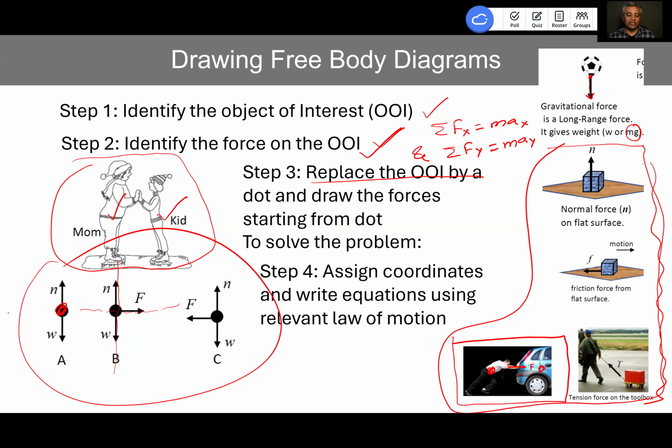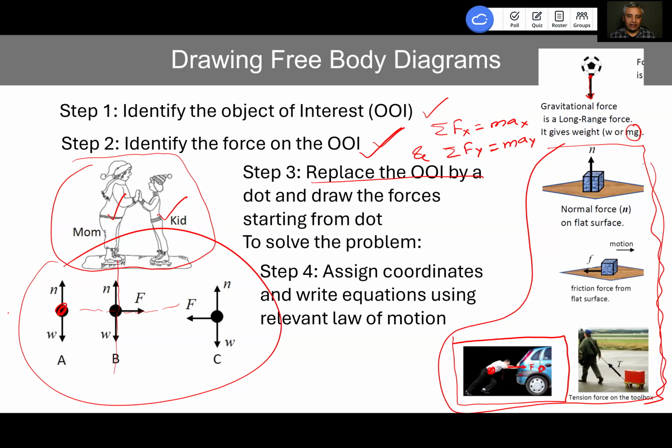But sometimes we may have a force that may not be pointing along our choice of x and y axis. In that case, you have to find or write down the component of that force. Which force? The force that's not pointing along either the x or y direction. So that's why being fluent at writing components is very important.